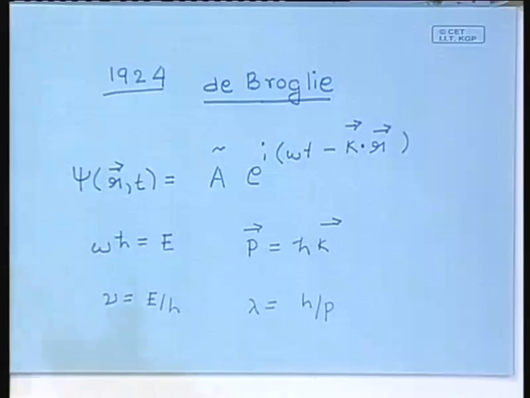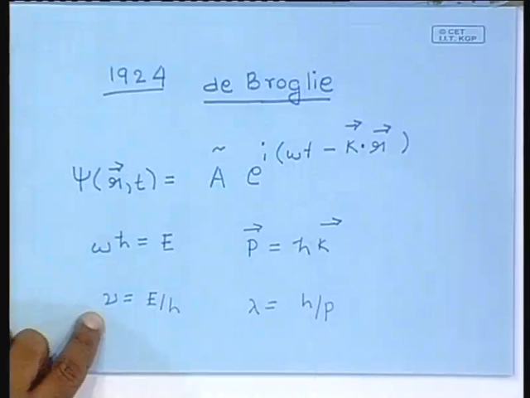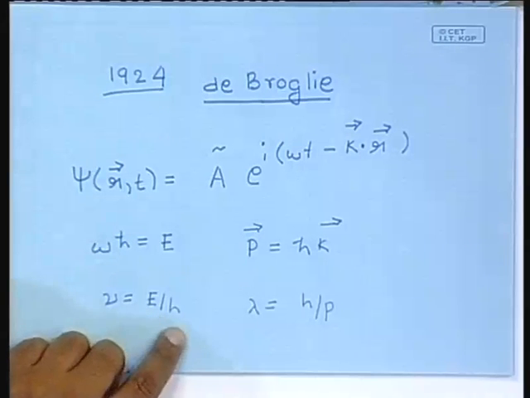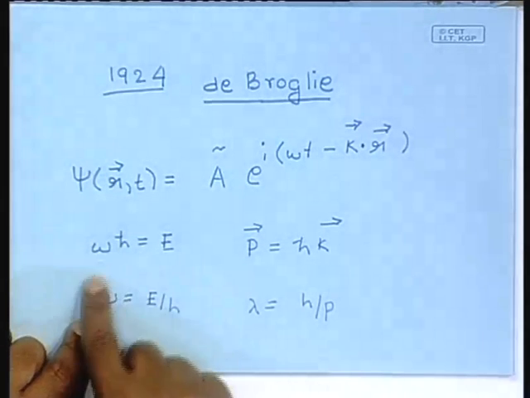So, let me again repeat what de Broglie's hypothesis was. His hypothesis was that associated with every particle there is a wave, and the angular frequency or the frequency of the wave is related to the particle's energy by a relation like this.